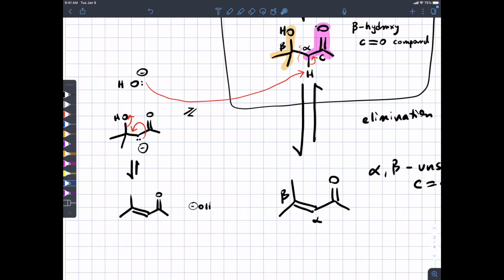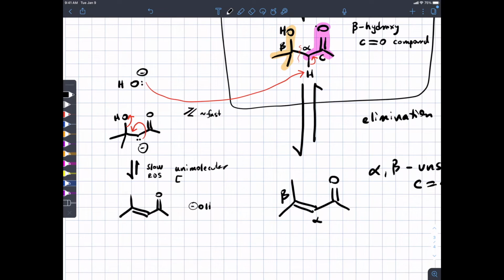So this mechanism, it turns out this part, the kicking off of the OH minus, is the slow step, the rate determining step, whereas removing the proton from the enolate is relatively fast. What this means is that though this reaction involves OH, it's a unimolecular reaction because the slow step only involves the one molecule.